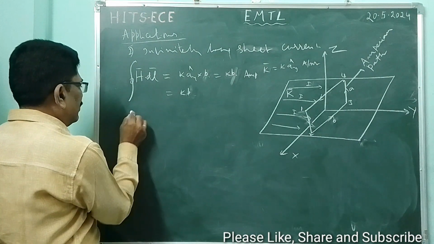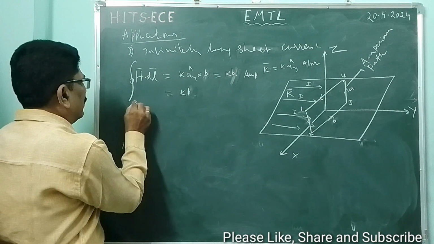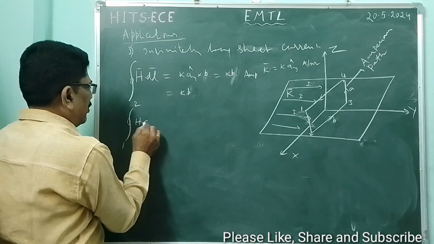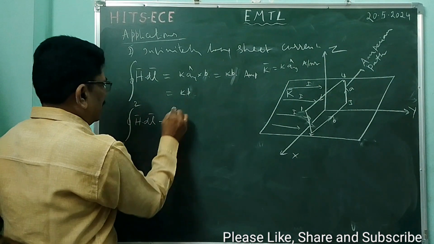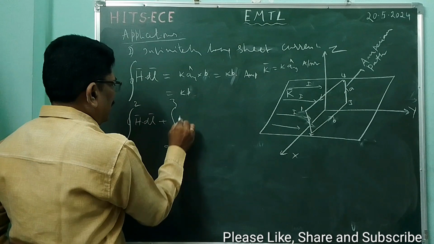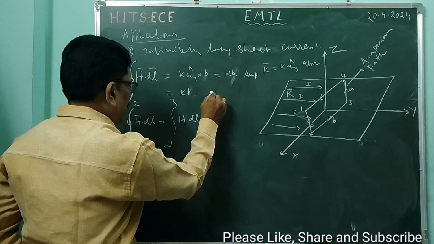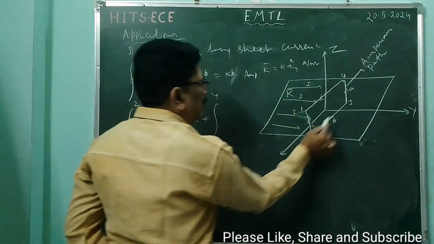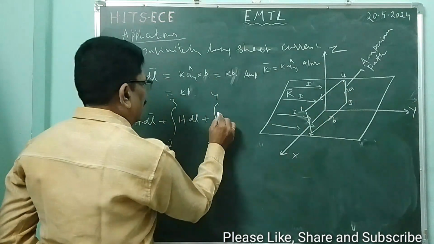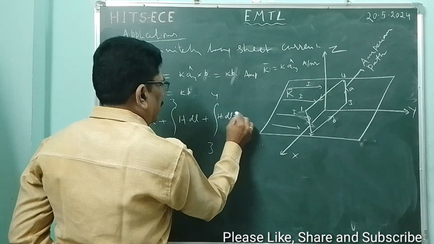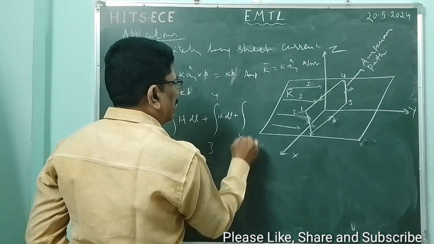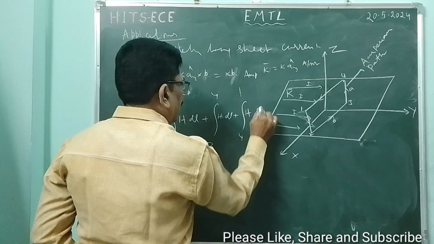This closed integral of H dot dl is equal to integral from 1 to 2 H dot dl plus integral from 2 to 3 H dot dl plus integral from 3 to 4 H dot dl plus integral from 4 to 1 H dot dl.